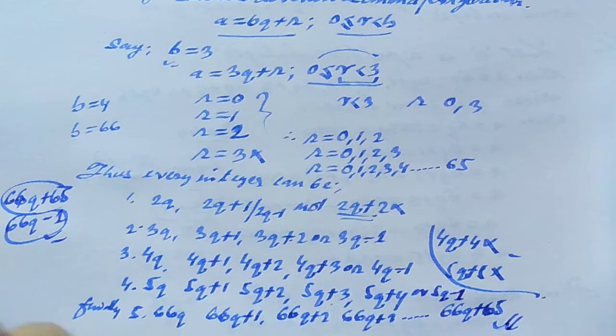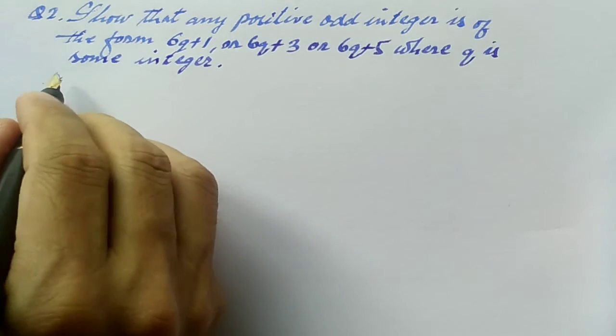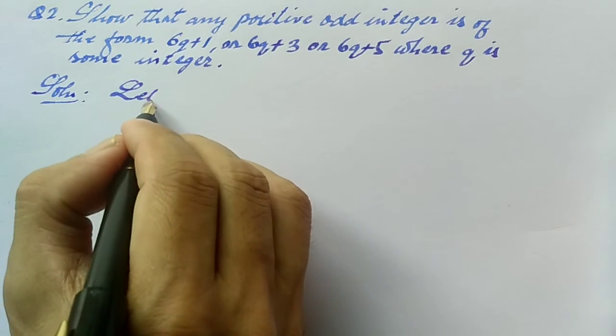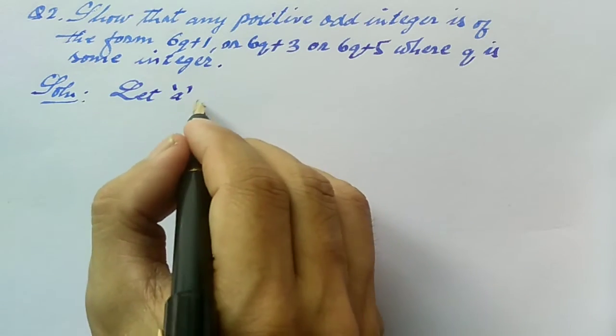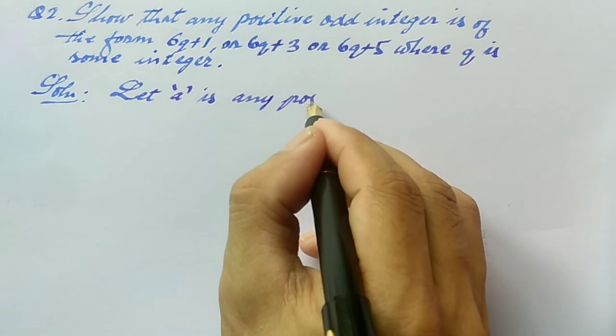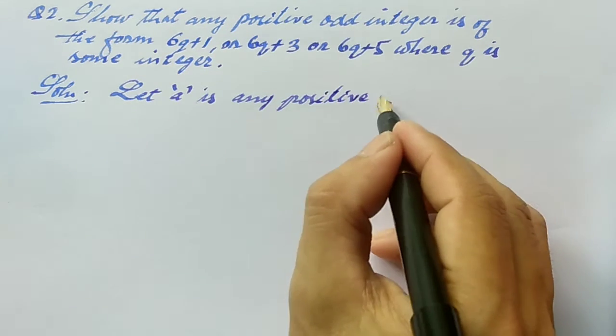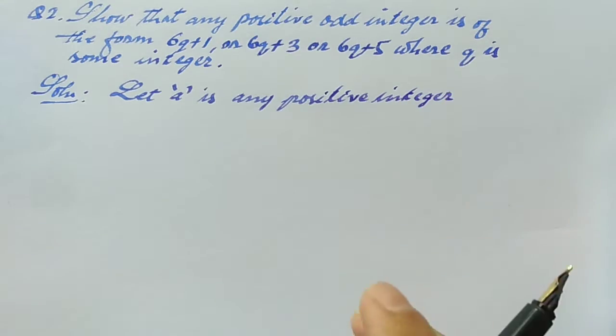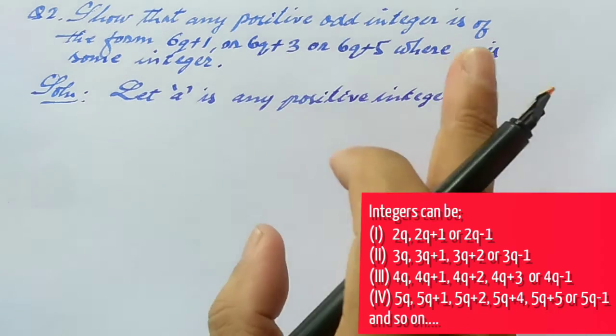Okay, now with the help of that format, let us try to solve this question number 2. So let us write here: let a be any positive integer. I have given the format of the numbers at the right side so you can have a look.